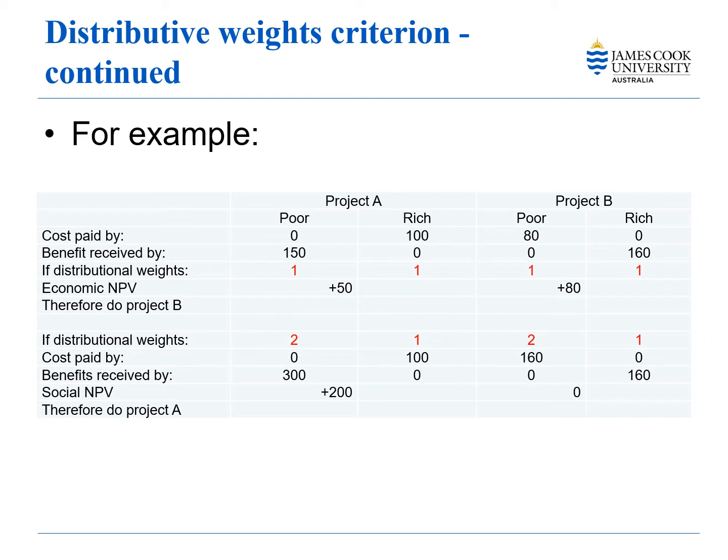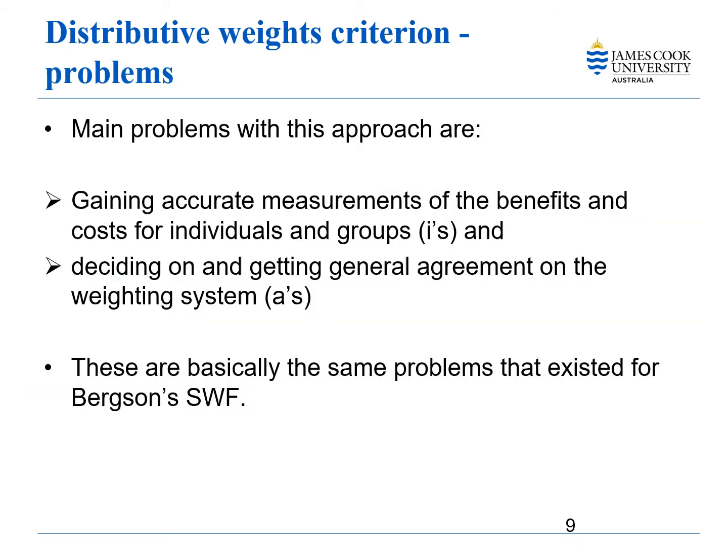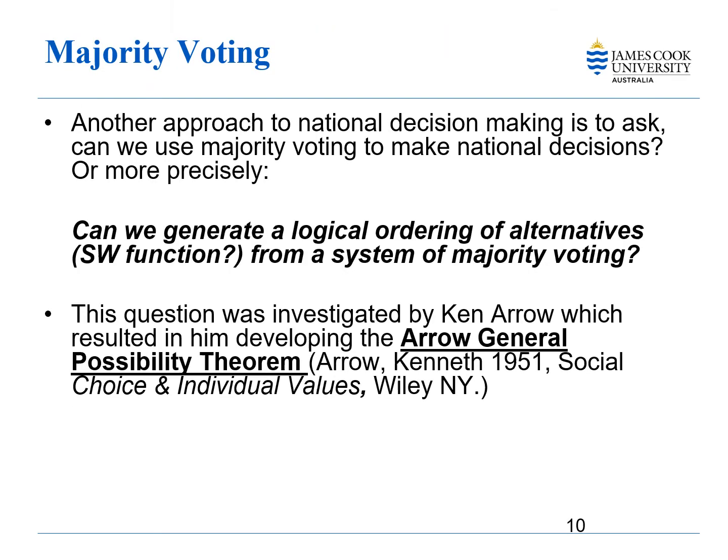So you can see the importance of weight in the net social benefit function. Okay, the main problems of this approach are that gaining accurate measures of the benefits and costs of each individual or group is difficult, and there's an issue on what kind of weight we should use. So these problems are basically the same as for Bergson's social welfare function.